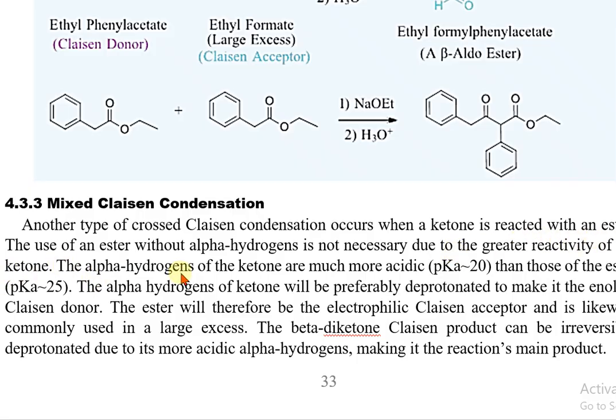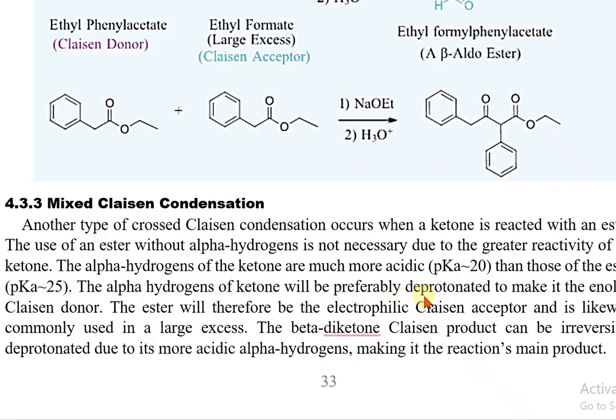The alpha hydrogens of the ketone are much more acidic than those of the ester: the pKa for the ketone is about 20, and for the ester about 25. So the base always removes a proton from the ketone; the alpha hydrogen of the ketone is preferentially deprotonated.